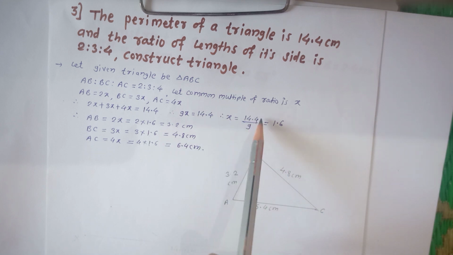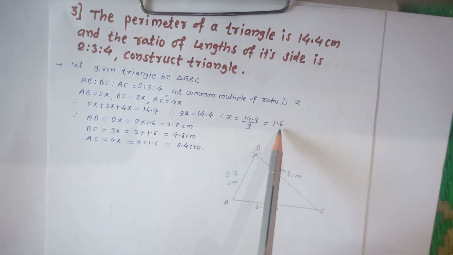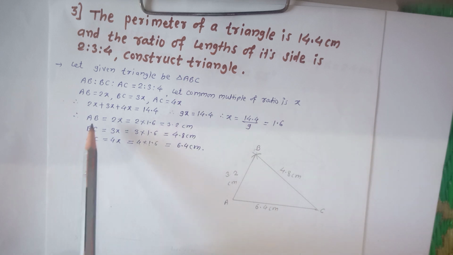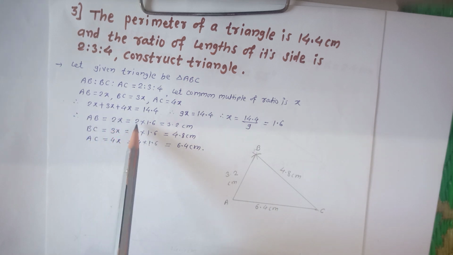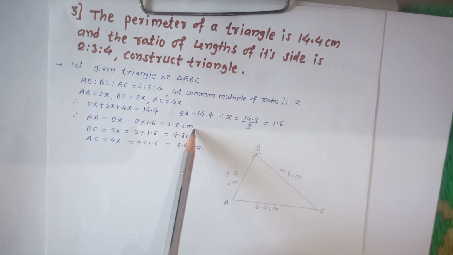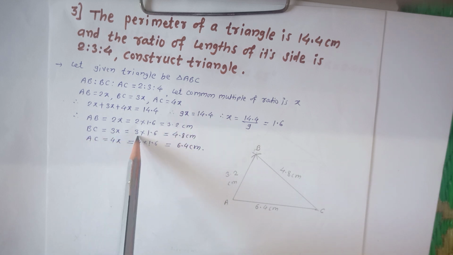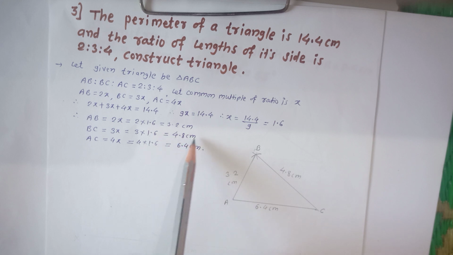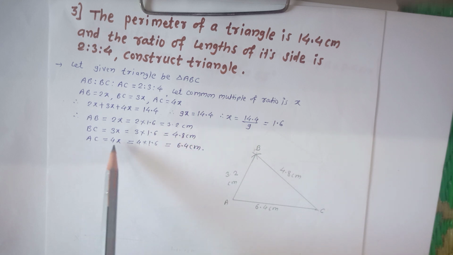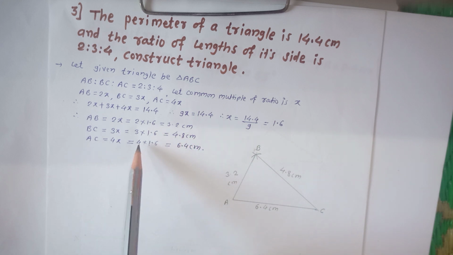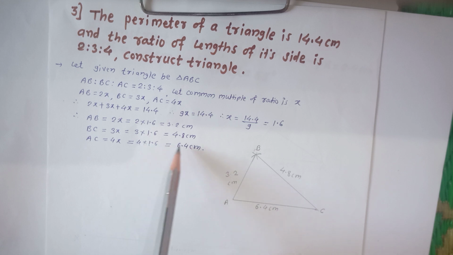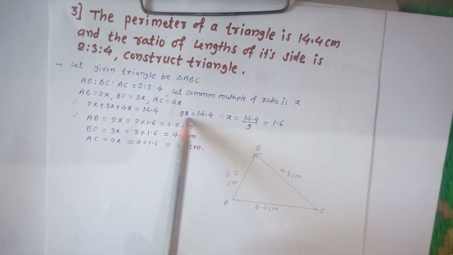So x is equal to 14.4 upon 9, it will be 1.6. Now AB is equal to 2x, 2 into 1.6, that is 3.2 centimeters, and BC is equal to 3x, that is 3 into 1.6, that is 4.8 centimeters, and AC is equal to 4x, which is 4 into 1.6, that will be 6.4 centimeters.